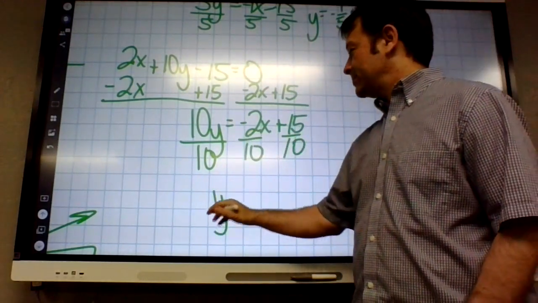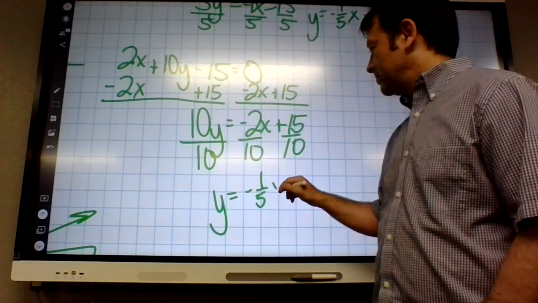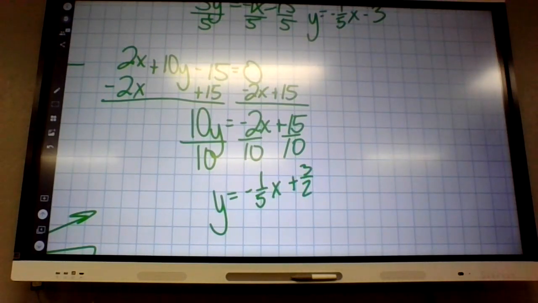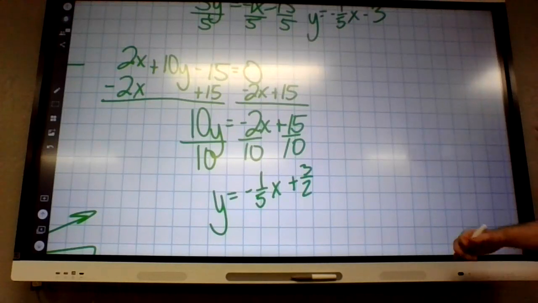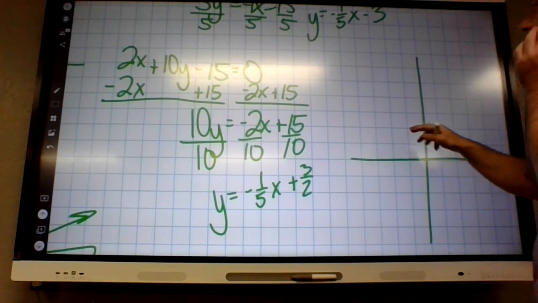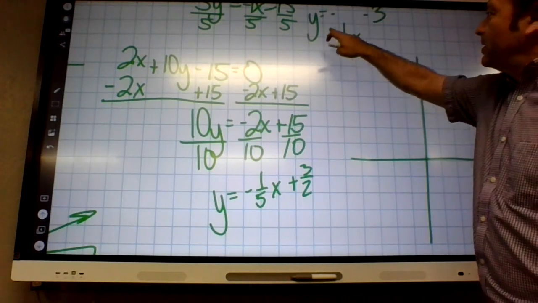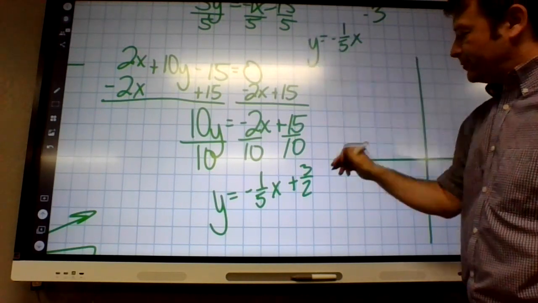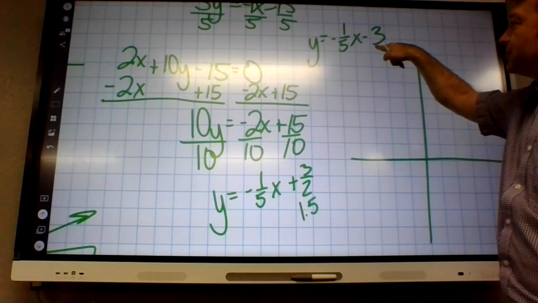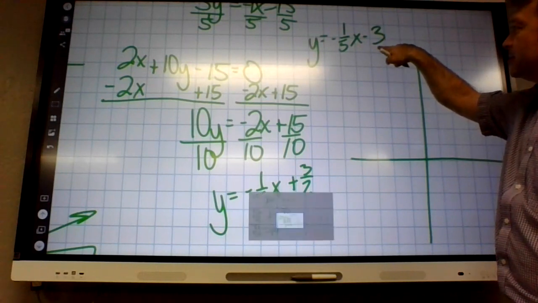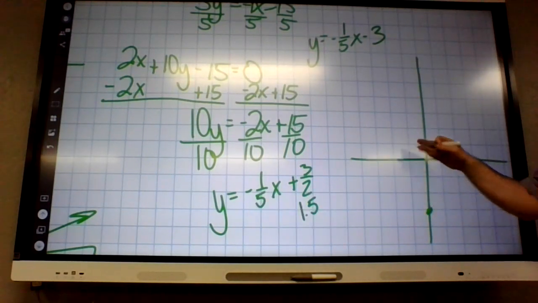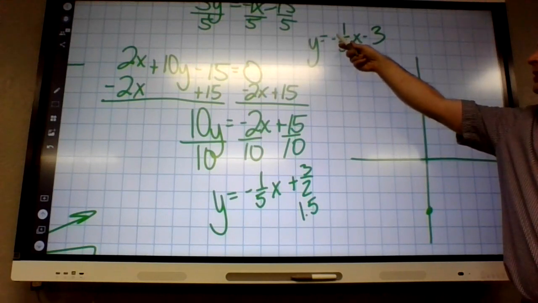Alright, this one has a fraction. Is it like 1.5? Okay, yeah, 3/2 is like 1.5. So the first one, we're starting down 3. And since it's negative, we go down 1, right 5.